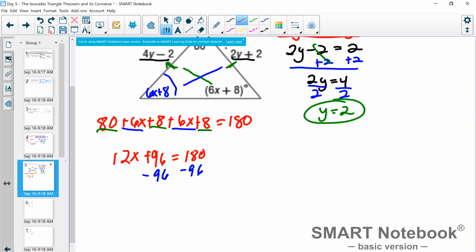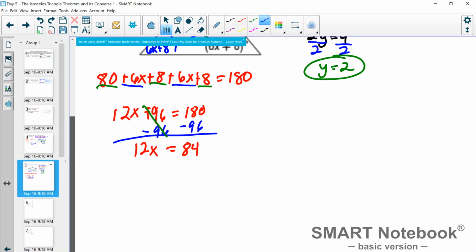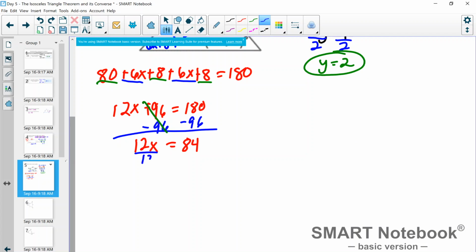That should be 180. 96's will cancel out, leaving me with 12x. And that's going to equal, once I subtract, 84. Last thing I'll do is divide by 12. And I get x equals 7.